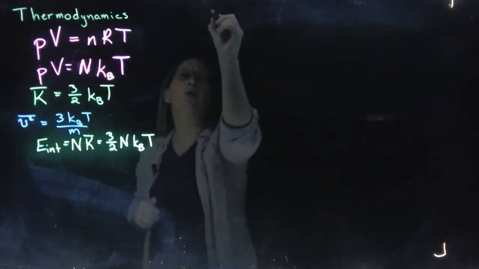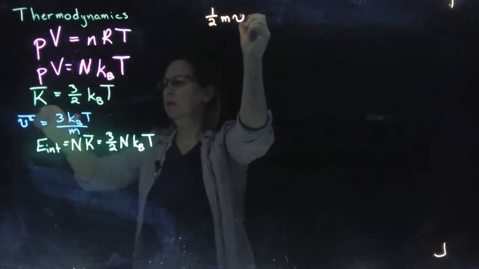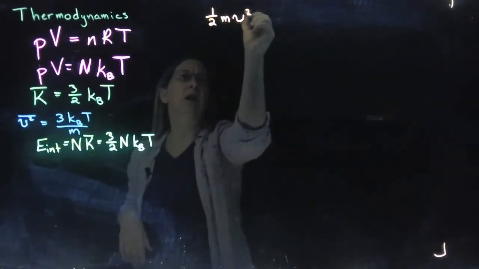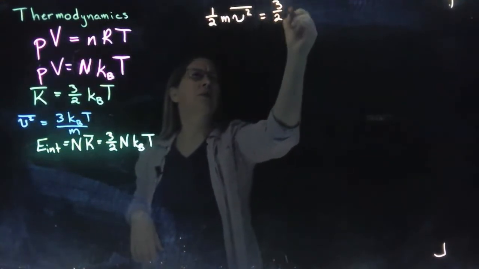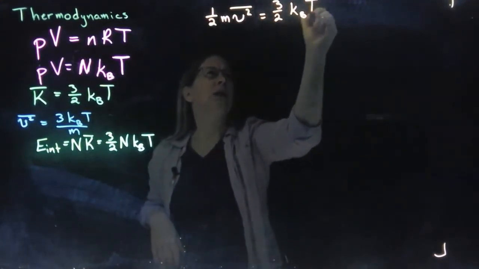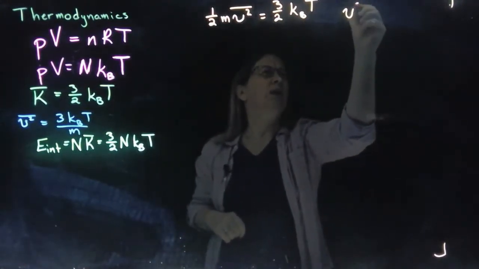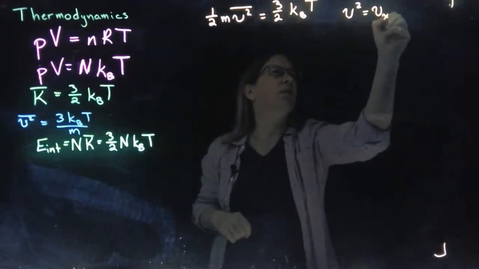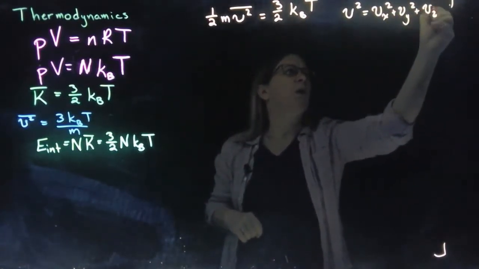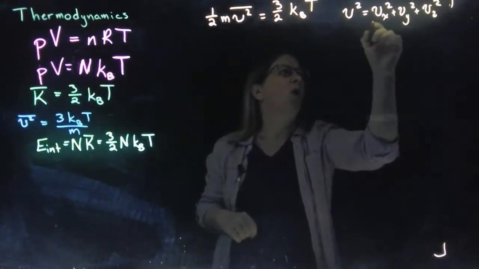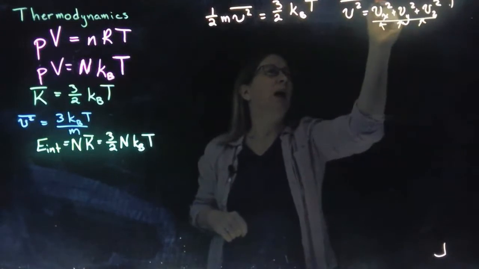Now, you may or may not remember where this 3 actually came from. If we look at this, we have 1/2 m average v squared equal to 3/2 kBT. And while we were doing this, we said v squared is equal to vx squared plus vy squared plus vz squared, and we argued that each of these was about the same if we're talking about averages, right?